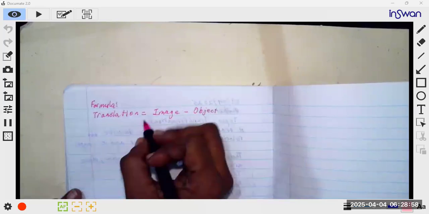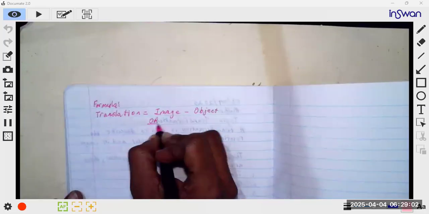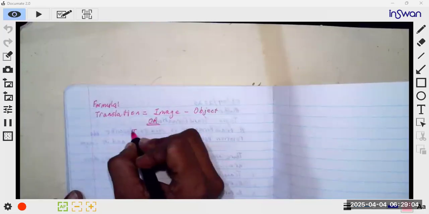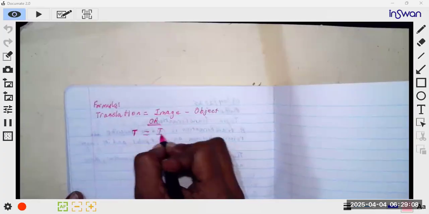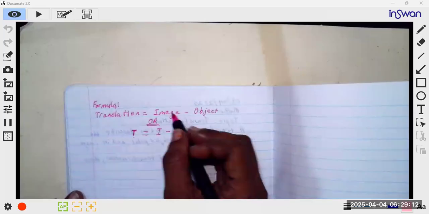In shortened form, the translation vector T is equal to I take away O. Translation vector, image, take away object.